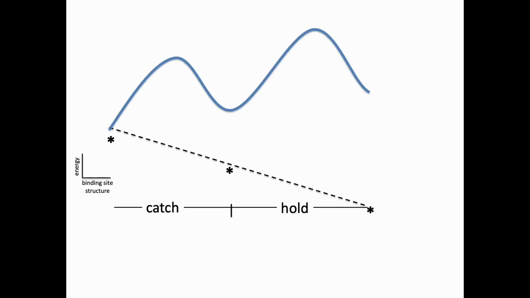So let's break this down one step more. I'm going to show you how I imagine the energy landscapes changing during the catch and hold reaction coordinate. There are our three intermediate states given by asterisks, and this would be the APO condition without any agonist. The first step is that the agonist promotes catch. So the agonist shows up. I have a little schematic of just the binding site shown down below, and it binds with that KD-APO affinity.